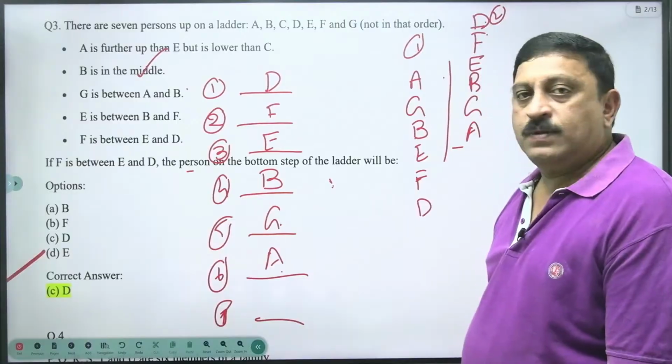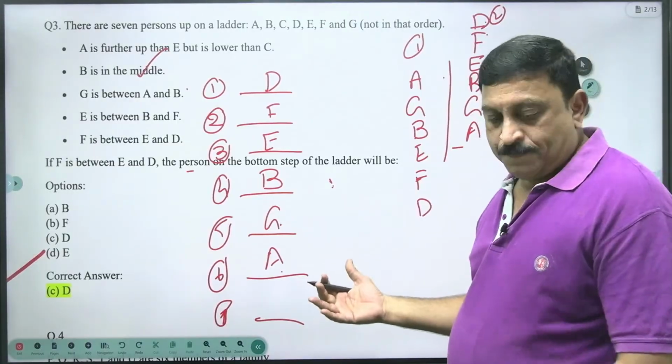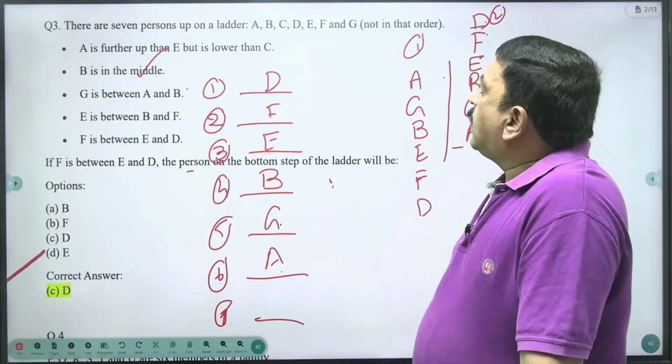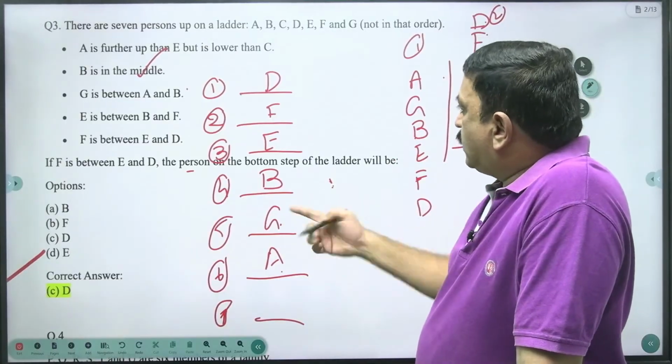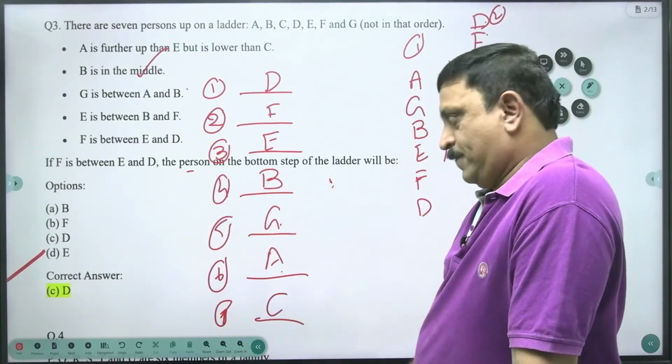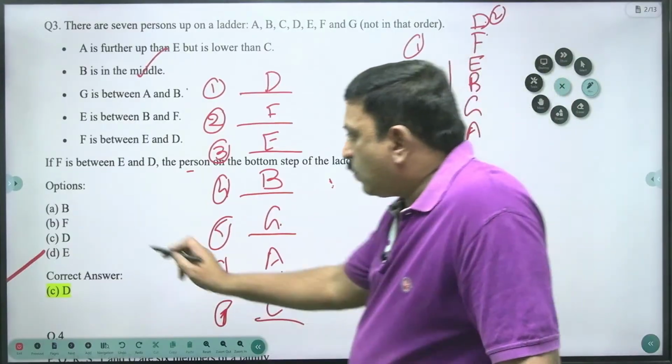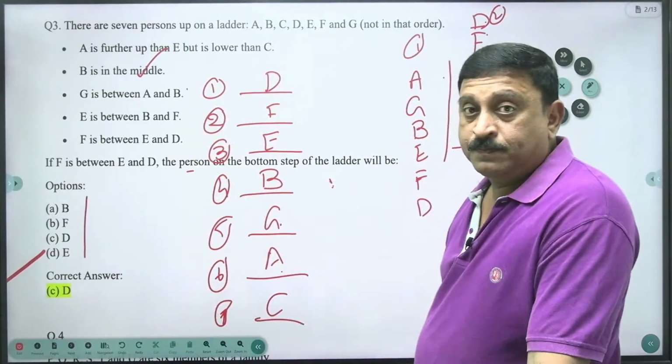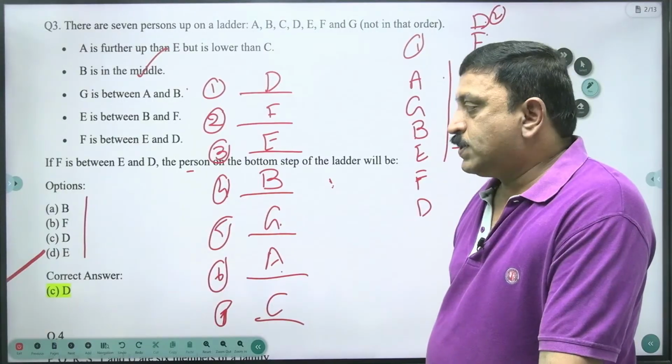Then one thing is left, that is nothing but what? It can be the person C, he may be C. But in the question, C is not given in the options.